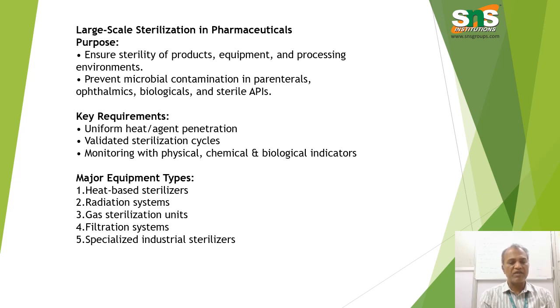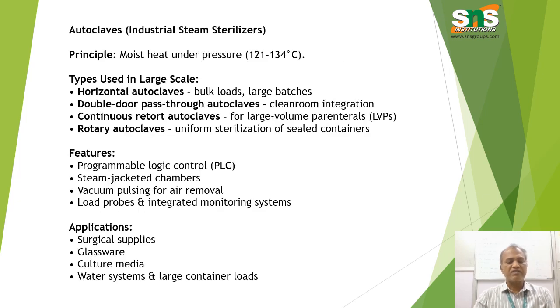Next, what are the major equipment types? There are so many sterilizers: heat-based, radiation, gas sterilization systems, filtration for thermolabile substances, and specialized industrial sterilizers. First, under the sterilizers, we are going to discuss the autoclave.